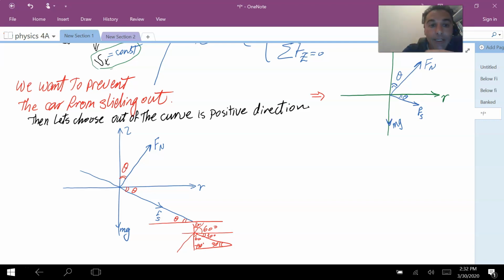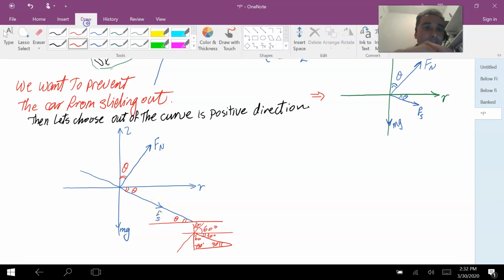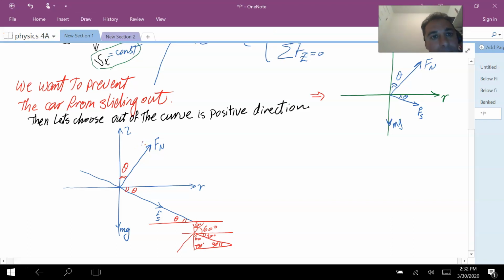Now, I will verify my forces, which I did: mg, friction force, and Fn. Then, guys, because I do have the angle, I will verify my components. Fn here, what I have, what is this one? Will be Fn cosine theta or sine theta.